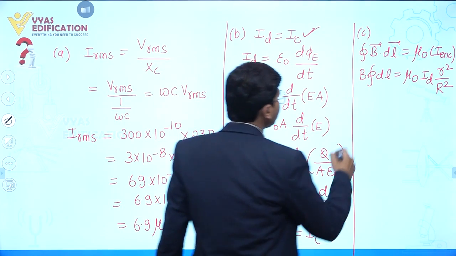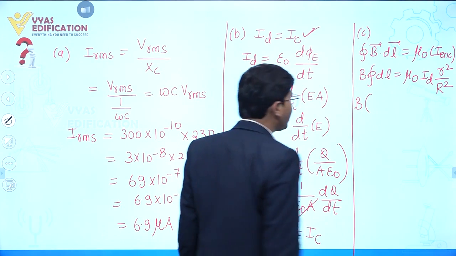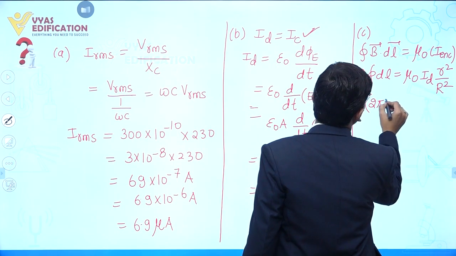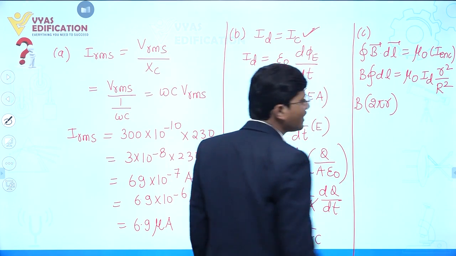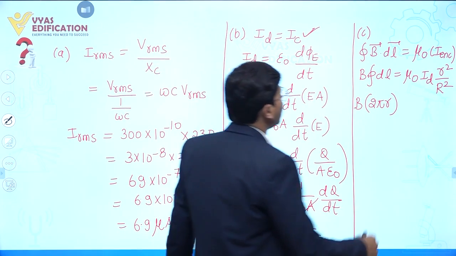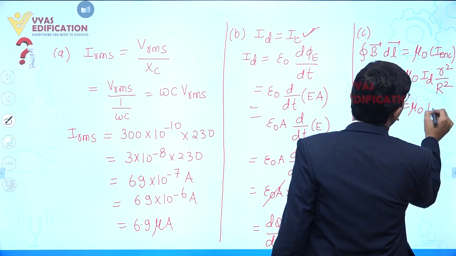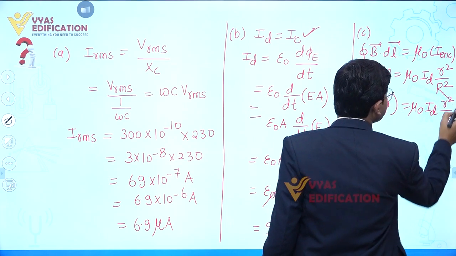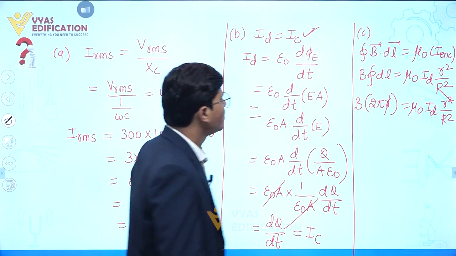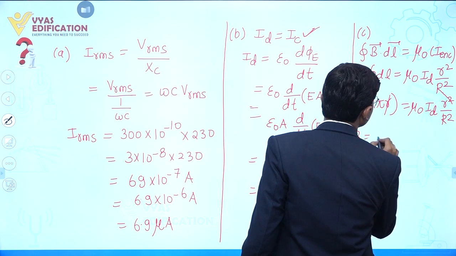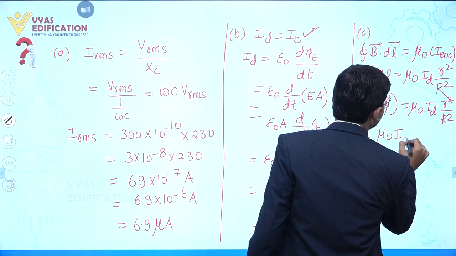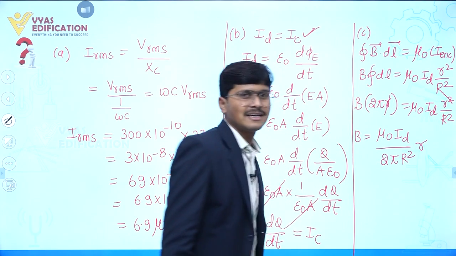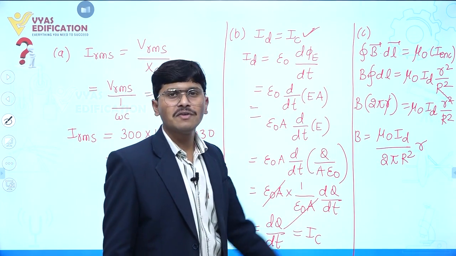The line integral of dl is 2 pi r, so B times 2 pi r equals mu naught id r square divided by capital R square. So r and r cancel out, and the value of B is mu naught id divided by 2 pi capital R square, multiplied by r. Clear? So this is the expression for the magnetic field.